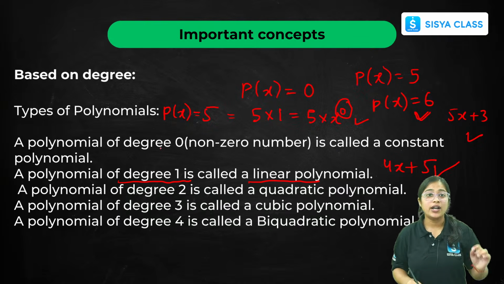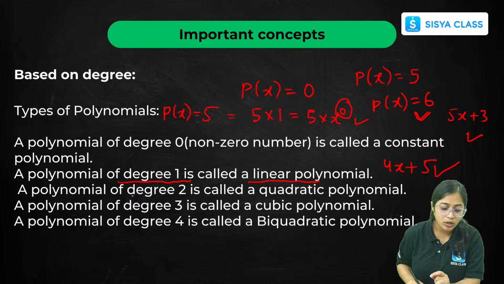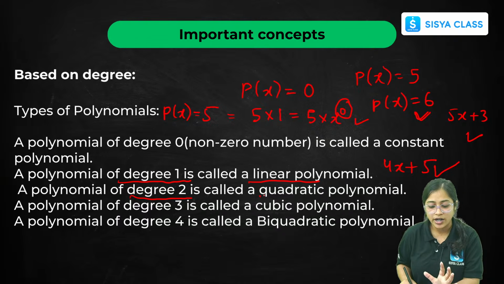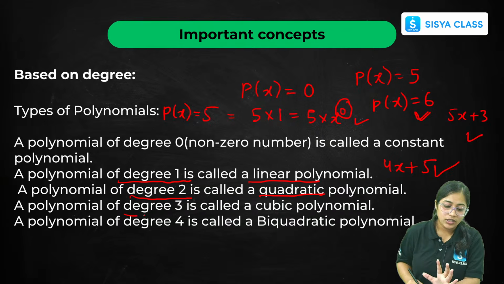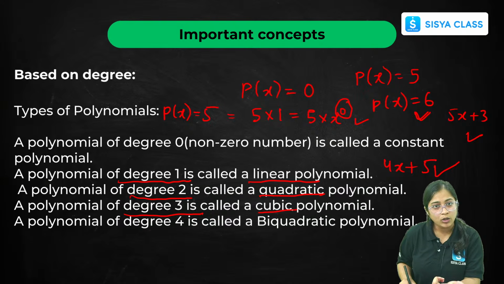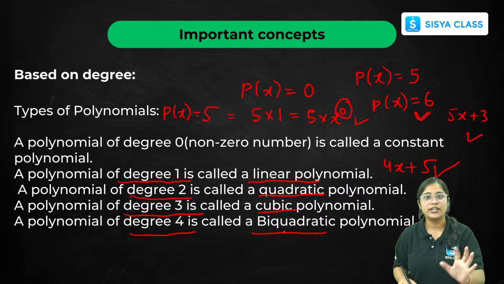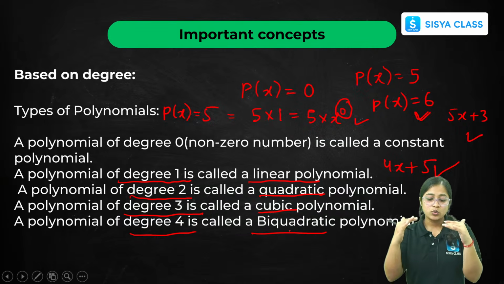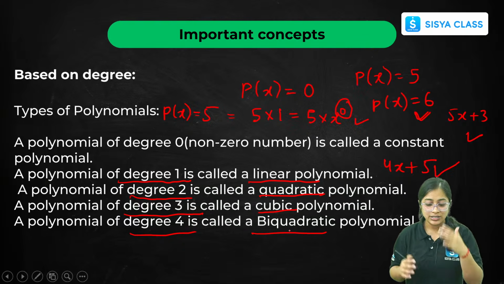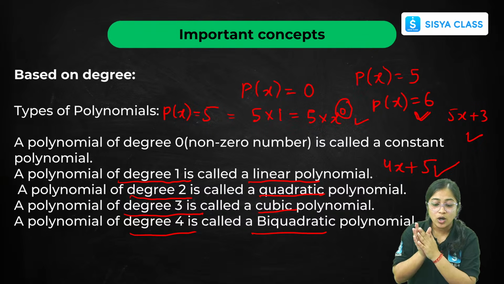Now, what is a quadratic polynomial? A polynomial of degree 2 we call quadratic. Then a polynomial of degree 3 is a cubic polynomial, and a polynomial of degree 4 is a biquadratic polynomial, okay? So these were the types of polynomials depending on the degree of your polynomial, okay?